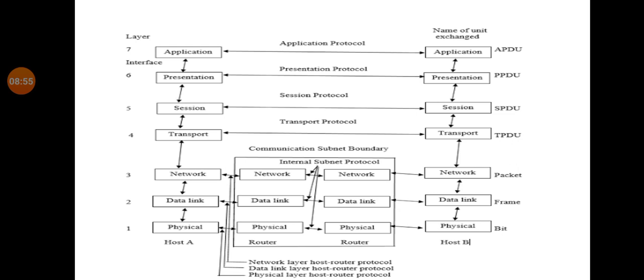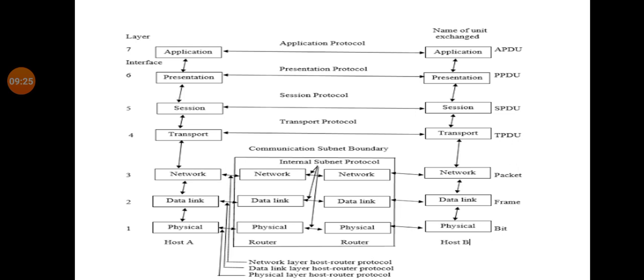So the network layer will break the message into small packets, arrange those packets in sequence, one after the other, and then send those packets to host B.